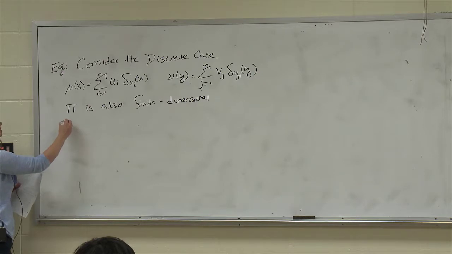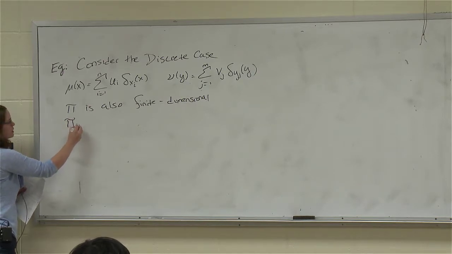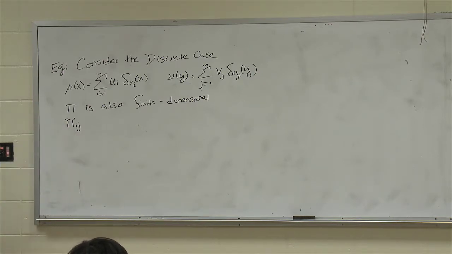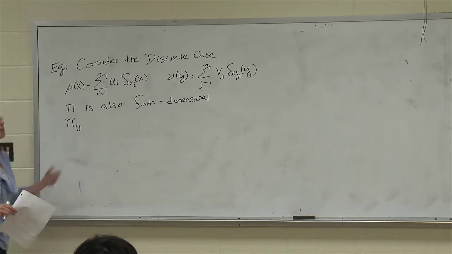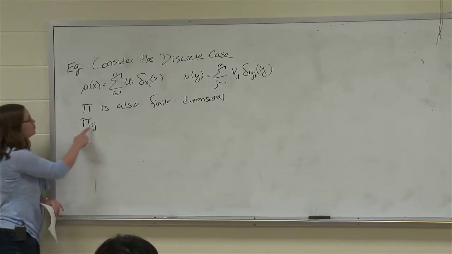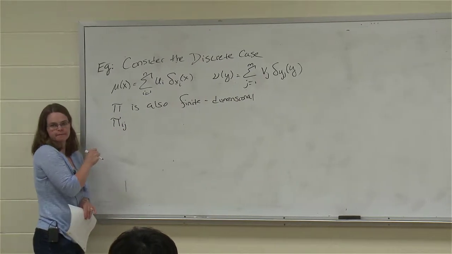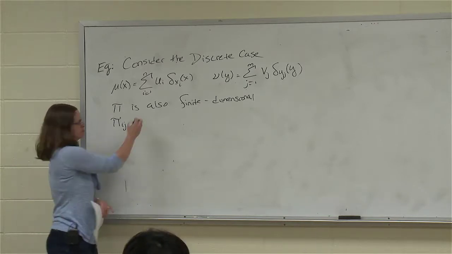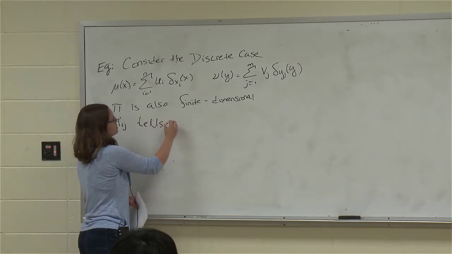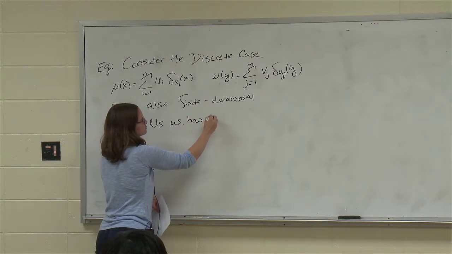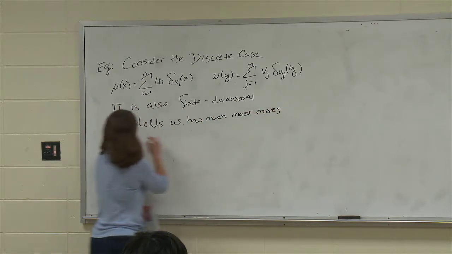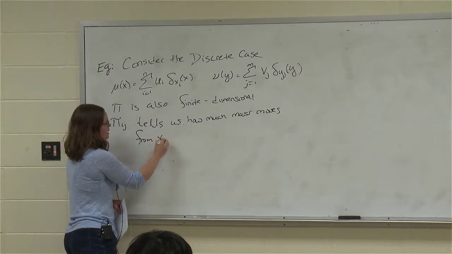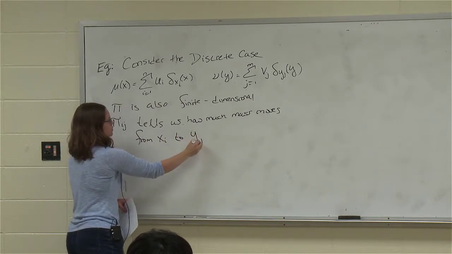This means that I need to index it by all these i's and by all these j's, and pi ij is going to tell us how much mass moves from xi to yj.